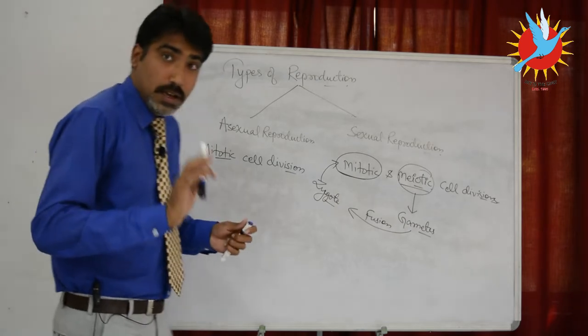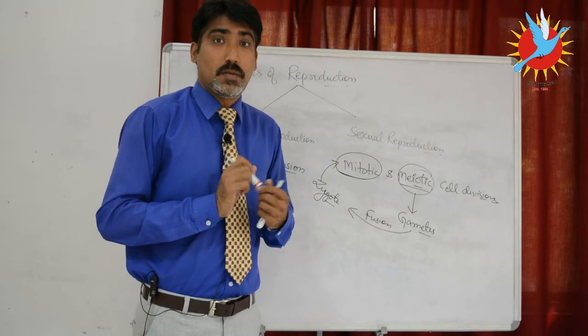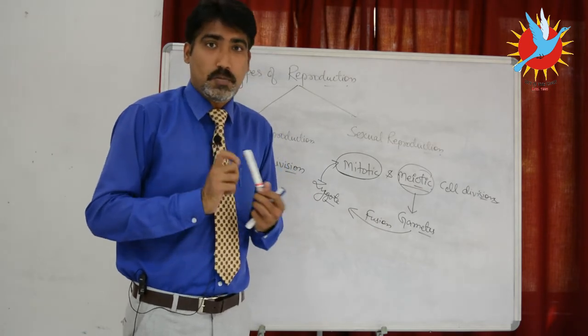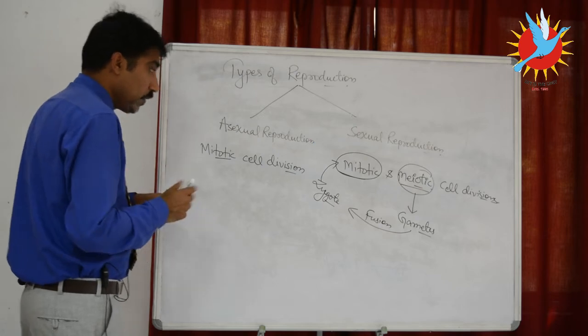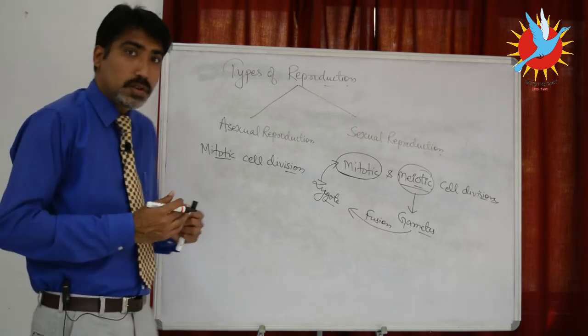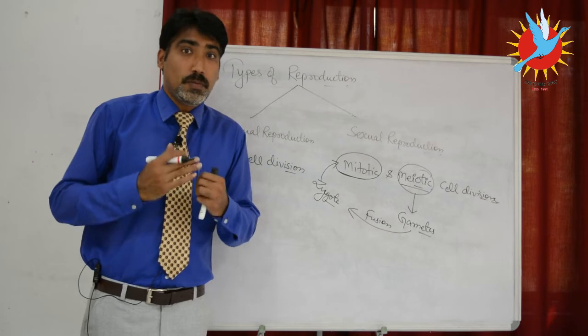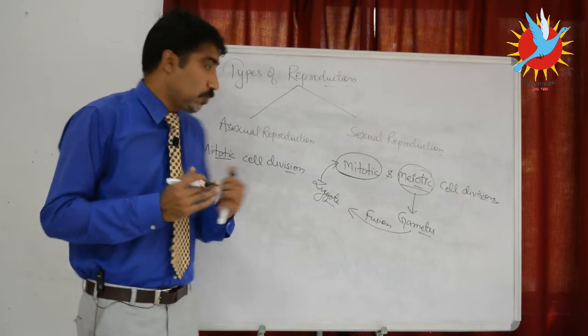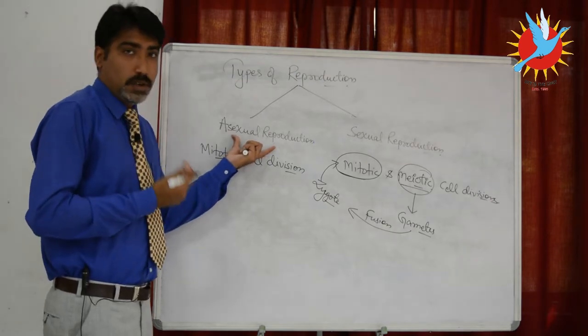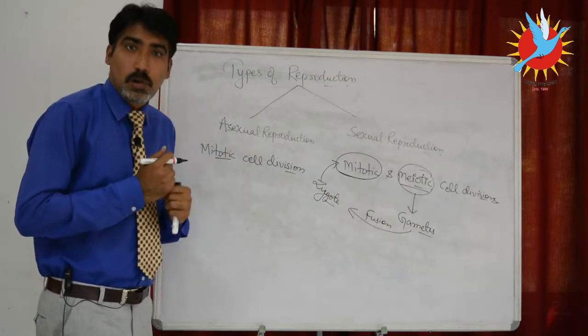And the last difference is a very important, very prominent difference, that during the asexual reproduction, the offspring which are produced are genetically and morphologically identical to their parents. That is why the offspring which are produced during or after the asexual reproduction are called clones.